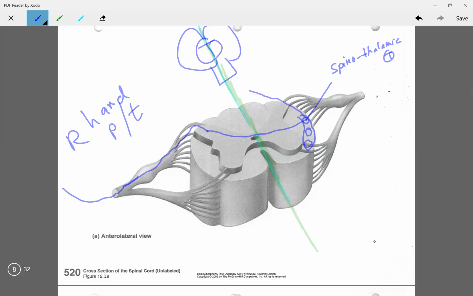We are now contralateral, goes up to the brainstem, to the thalamus, and to the appropriate part of the homunculus, the primary sensory cortex. About that area is the hand. And you've now just interpreted the pain that happened at your right hand. Okay. Any questions on any of this?